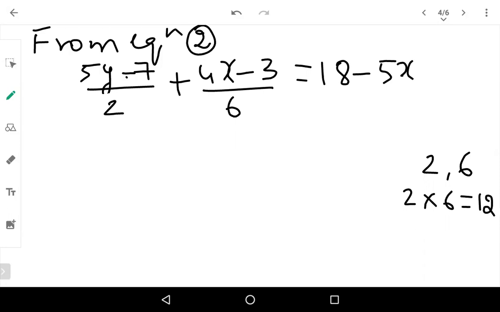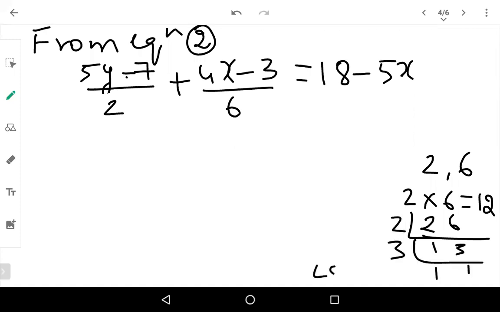This can be the LCM. Or you can find the LCM of it. 2 and 6, 2 ones are 2, 2 threes are 6, 3 ones are 3. So you can take it as 6. This also will work. How do you want to take? You want to go with 6 or you want to go with 12?